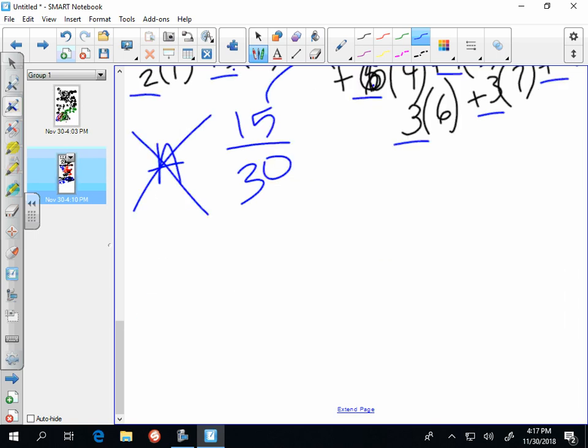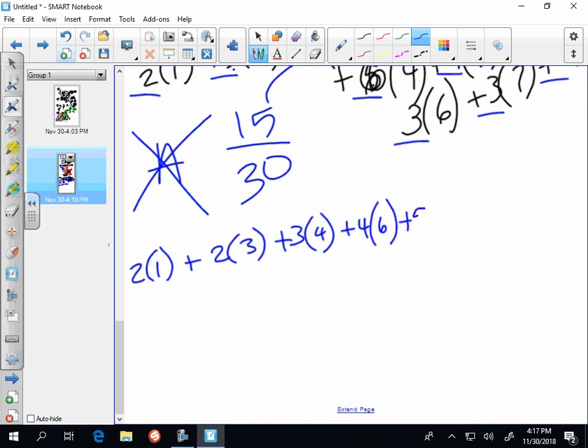Let's take a look at choice B. Choice B says the mean number of questions missed was between 4 and 5. Okay, so if I'm thinking about the mean value, I want to think about this list that I just wrote. 2 times 1 plus 2 times 3 plus 3 times 4 plus 4 times 6 plus 5 times 7 plus 3 times 6 plus 3 times 7 plus 2 times 8.